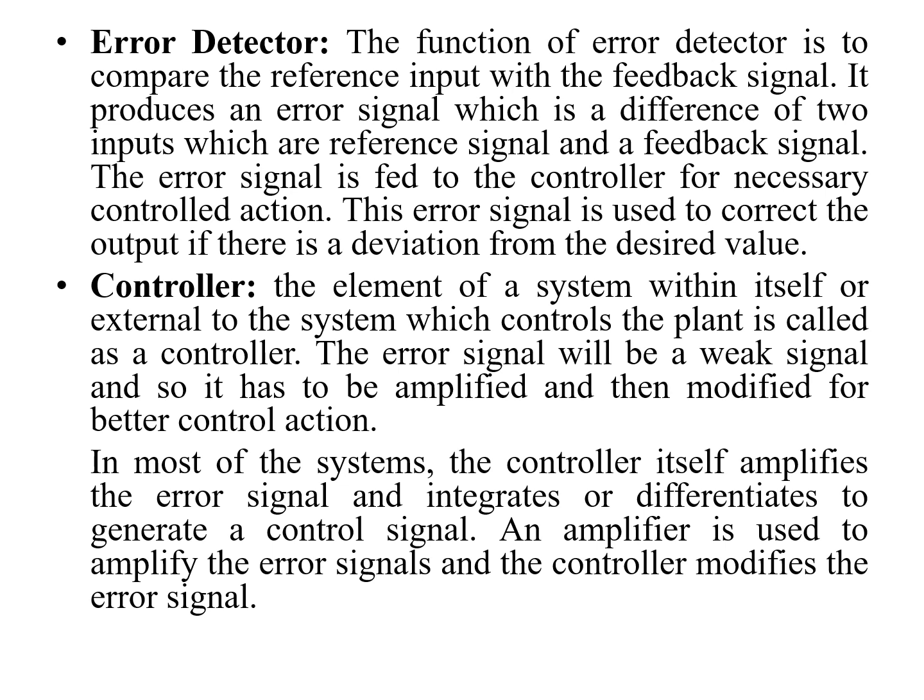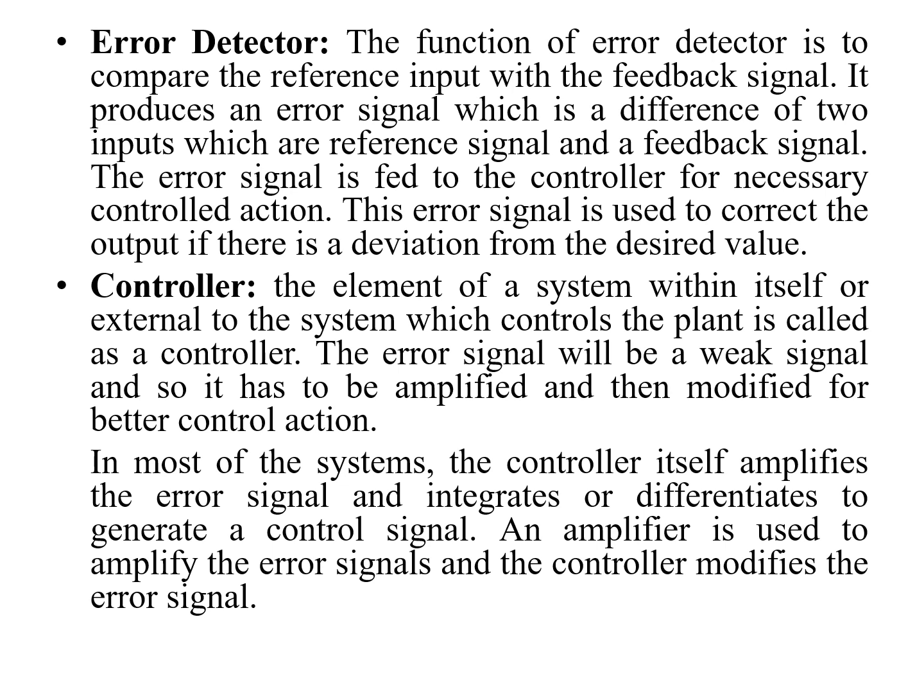And this error signal is always used to correct the output if there is a deviation in the desired value. That is what I told you with an example of a heating system. If the desired temperature is around 80 degrees and I'm getting the output to be 60 degrees, then the difference in the temperature measurement will come around 20 degrees, and this difference of 20 degrees is considered to be the error signal, which is detected using the error detector, and this detected value will be given as an input for the controller to take the necessary action.